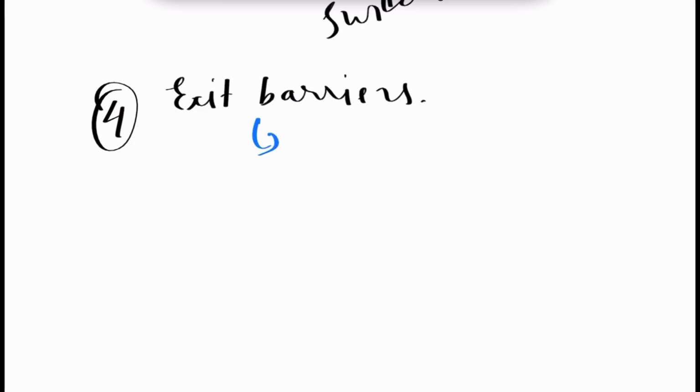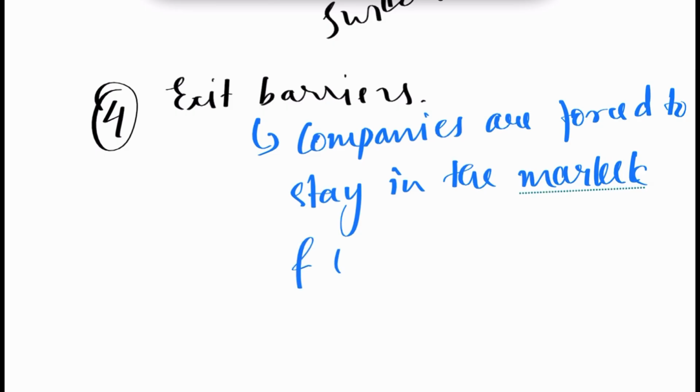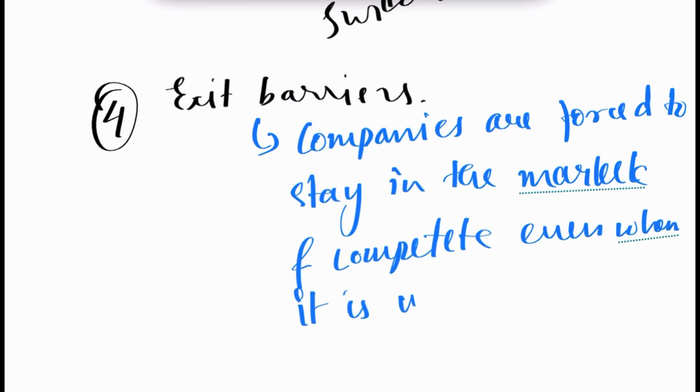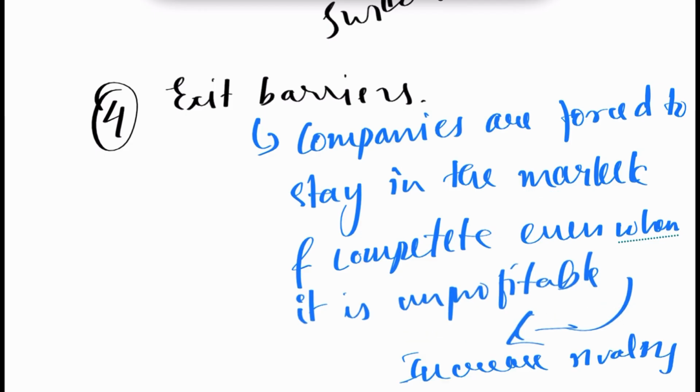Due to this exit barrier, the companies are forced to stay in the market and compete even when it is unprofitable, and this will increase rivalry. Okay, so there is an exit barrier where the companies are forced to stay in that market and compete even when they are unprofitable. This will increase the rivalry.